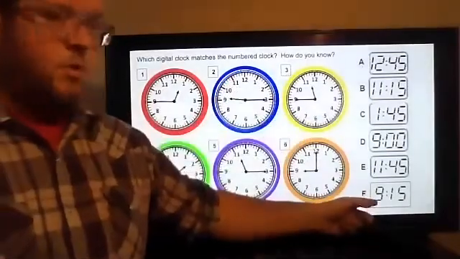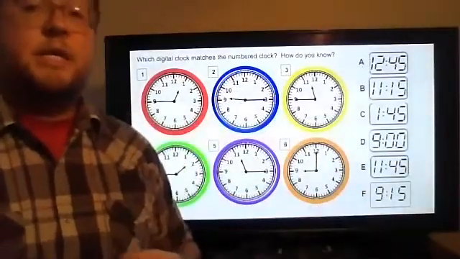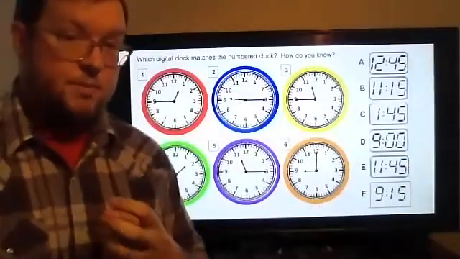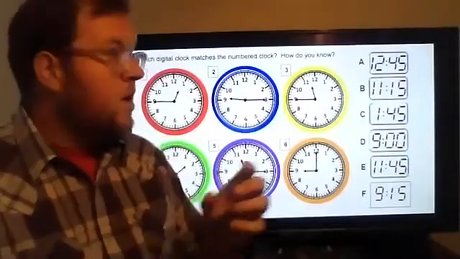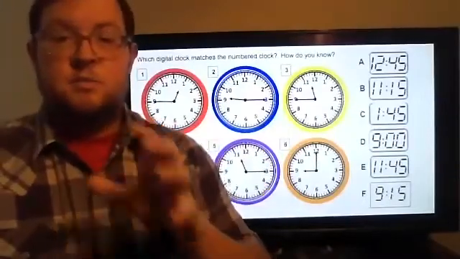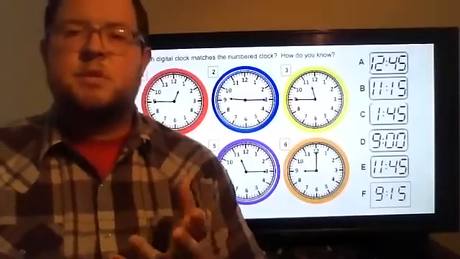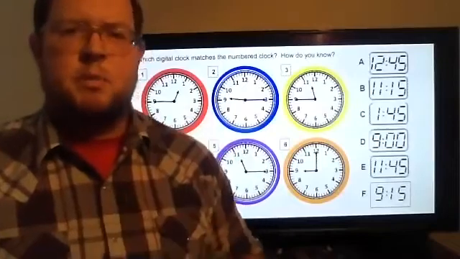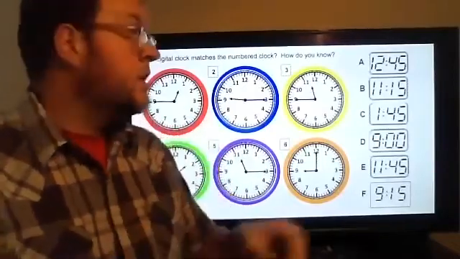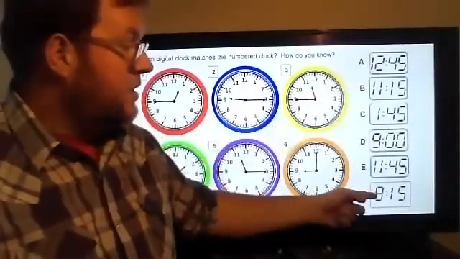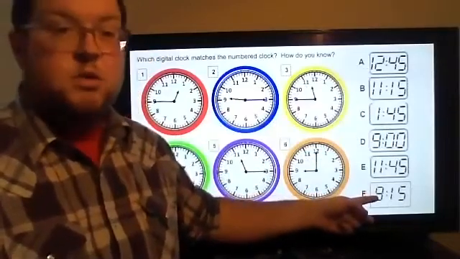Now in our digital form, it is a lot easier to read and understand. So in our digital form, we have 2 sets of numbers. We have hours and we have minutes. Now some digital forms have seconds, but we're not going to worry about that. On this side, we have our hours.